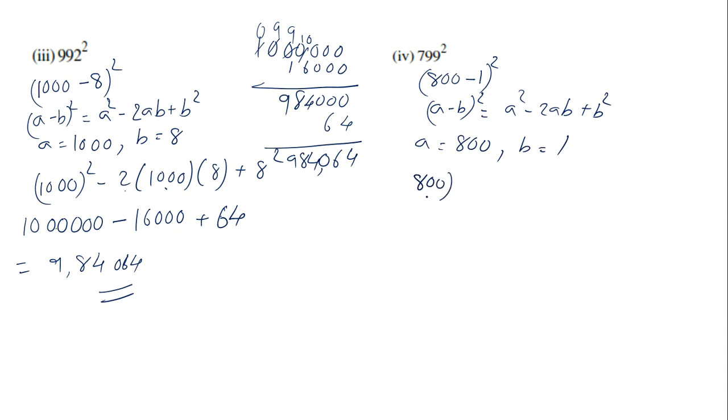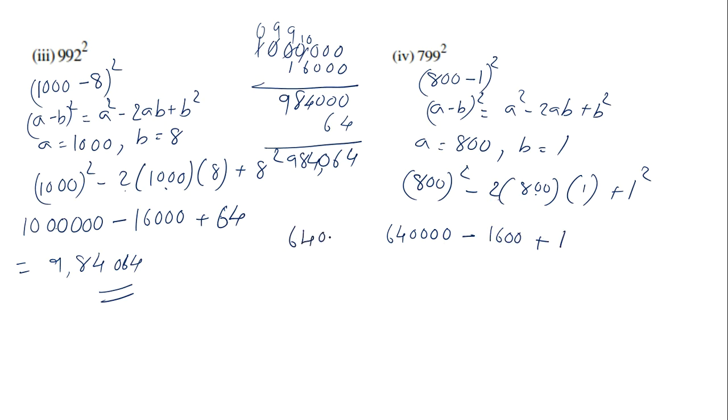Now substitute it: 800 whole square minus 2 into 800 into 1 plus 1 square. 800 square is 8 square, 64, with 4 zeros. So this becomes 6,40,000 minus 8 twos are 1600, 1600 into 1 is 1600, plus 1.